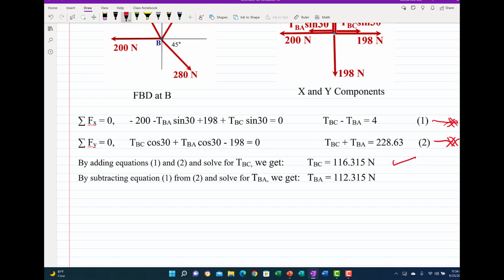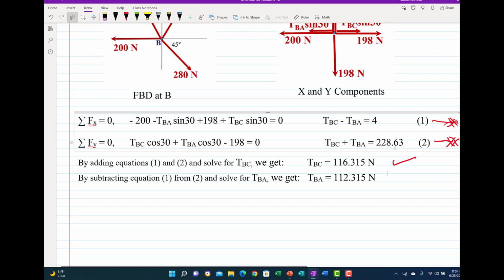And now let's do it by subtracting equation 1 from equation 2. This means you multiply the first equation by negative, so it's going to be minus TBC plus TBA. Adding them together, the TBC will cancel and we have only TBA. So twice TBA will be the summation, which is 232.62.